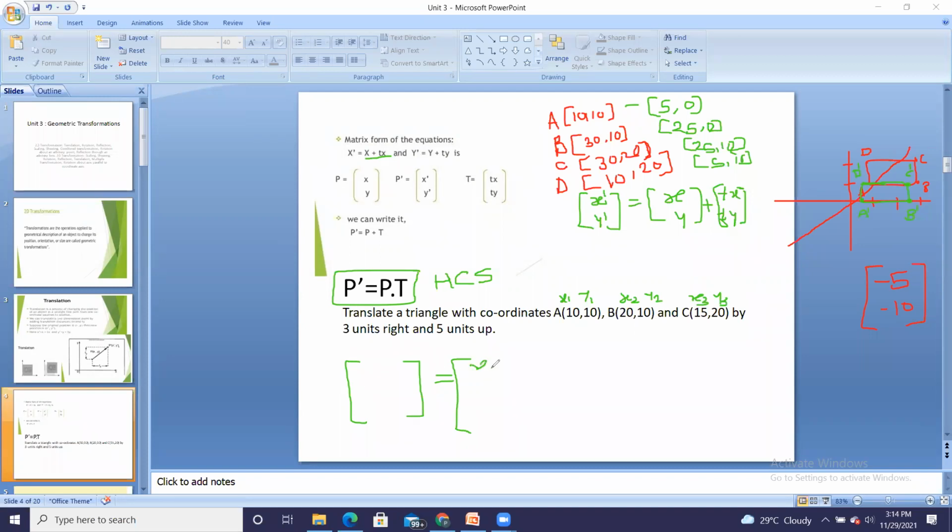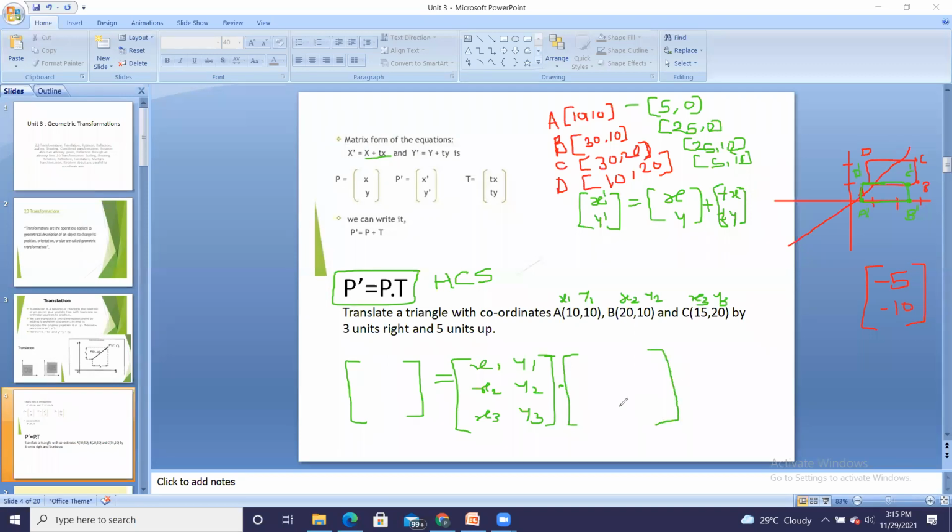So I will write here x1, y1, x2, y2, and x3, y3. Okay. Now I have to multiply it with some matrix where ultimately after this multiplication, I will get x1 plus tx. So where should I write this tx now?